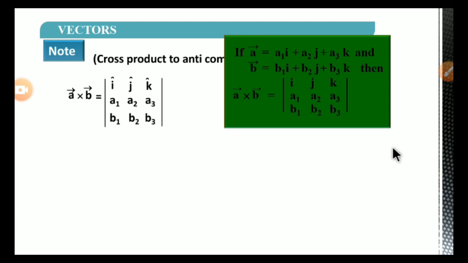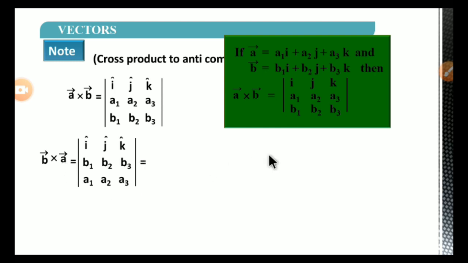Then we will take B cross A. Again the first row has i, j, k, the second row has B1, B2, B3, because I have taken B as the first vector, so these are the components of vector B. And in the third row we are taking A1, A2, A3, the components of vector A.